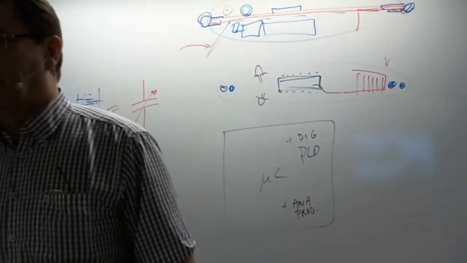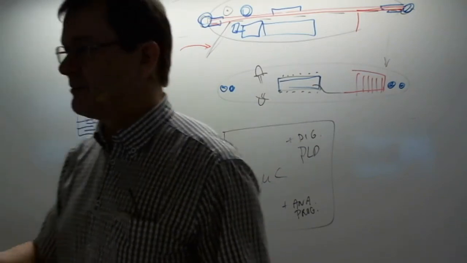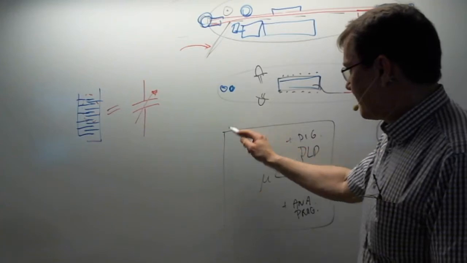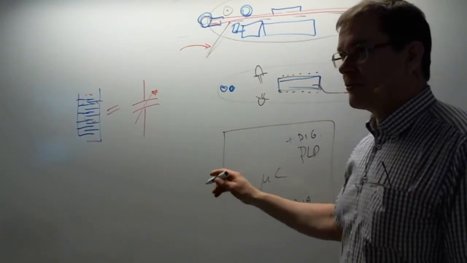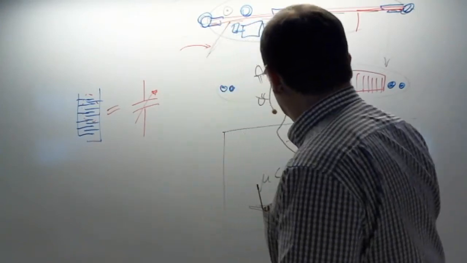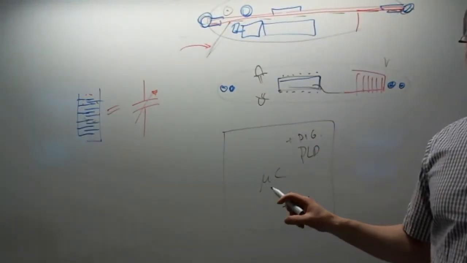So both analog and digital blocks can be combined so that instead of just one single microcontroller with peripherals outside, you have everything already inside.